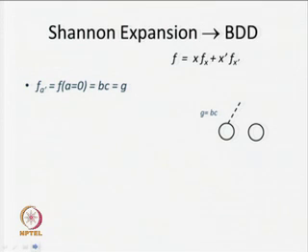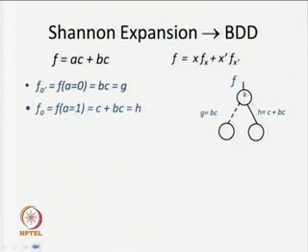Now, just see what I am going to talk about. The BDD can be constructed or represented with the help of Shannon expansion. Again, consider the same Boolean function f equal to AC plus BC, and the Shannon expansion is f equal to x times f of x plus x dash times f of x dash.